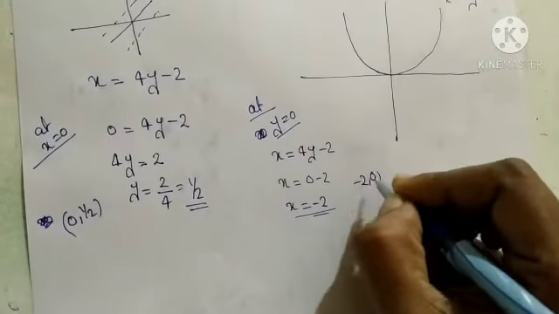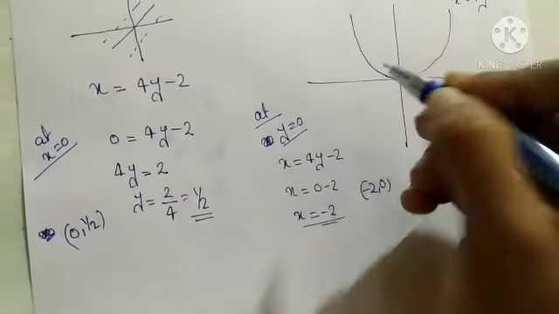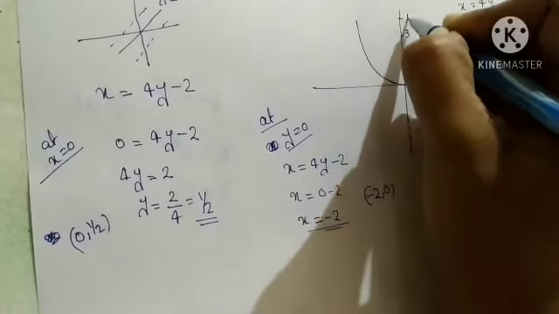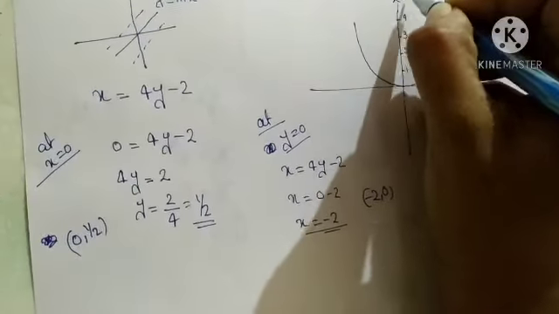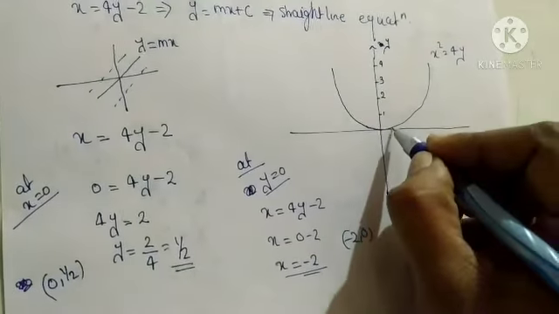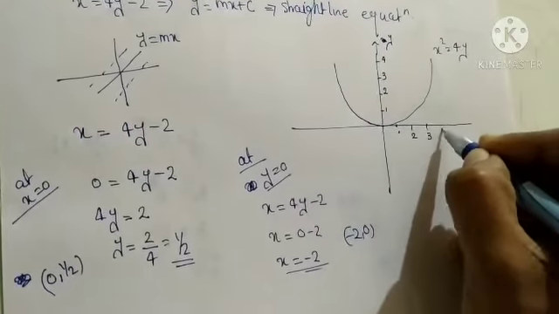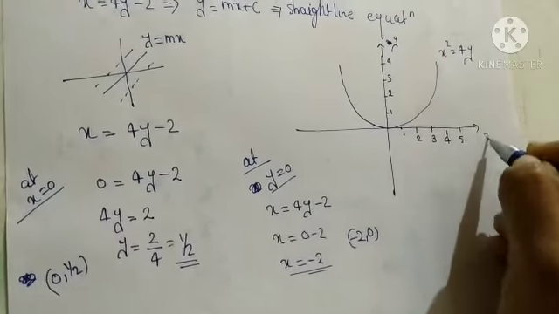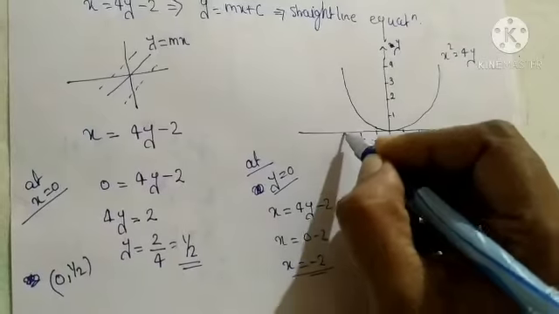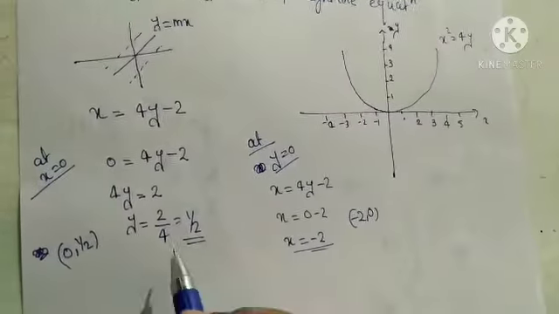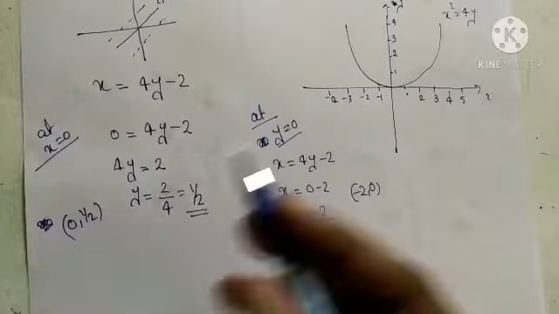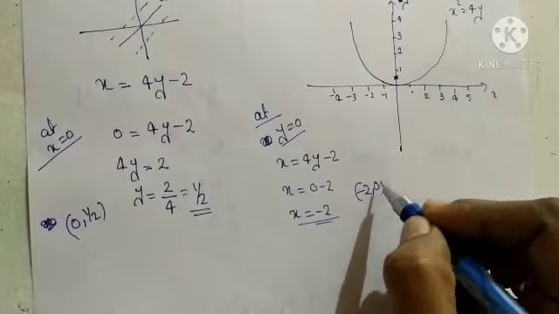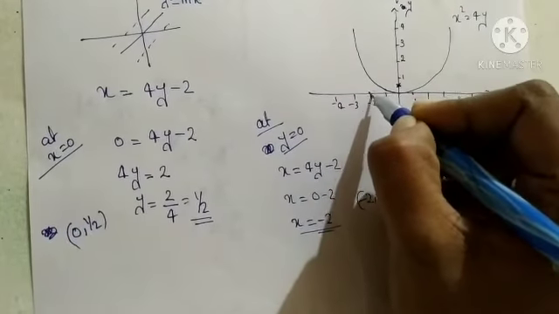Okay, so if we write the scale of the y-axis like this and write the scales on the x-axis, this is our minus 1, this is minus 2, this is minus 3, etc. The first point is (0, 1/2), and the second point is (minus 2, 0), this point.